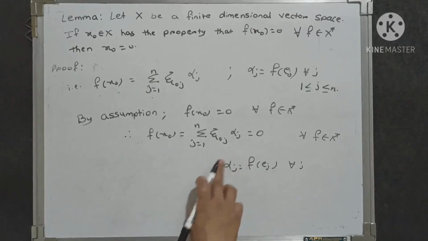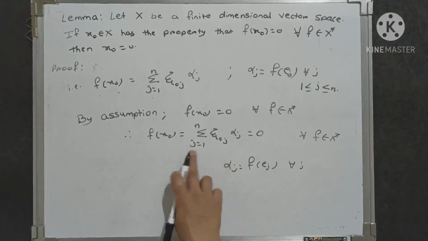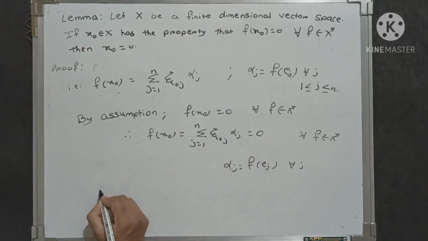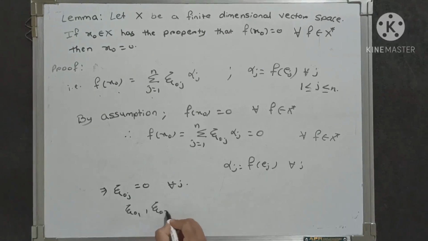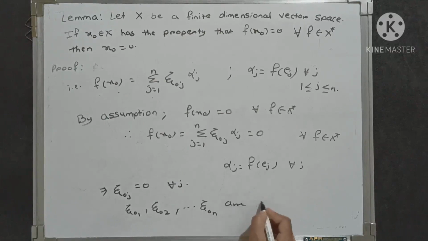As it is true for every choice of scalar alpha j, it implies that xi 0j equals 0 for all j, and therefore xi 01, xi 02 and so on up to xi 0n are all 0.